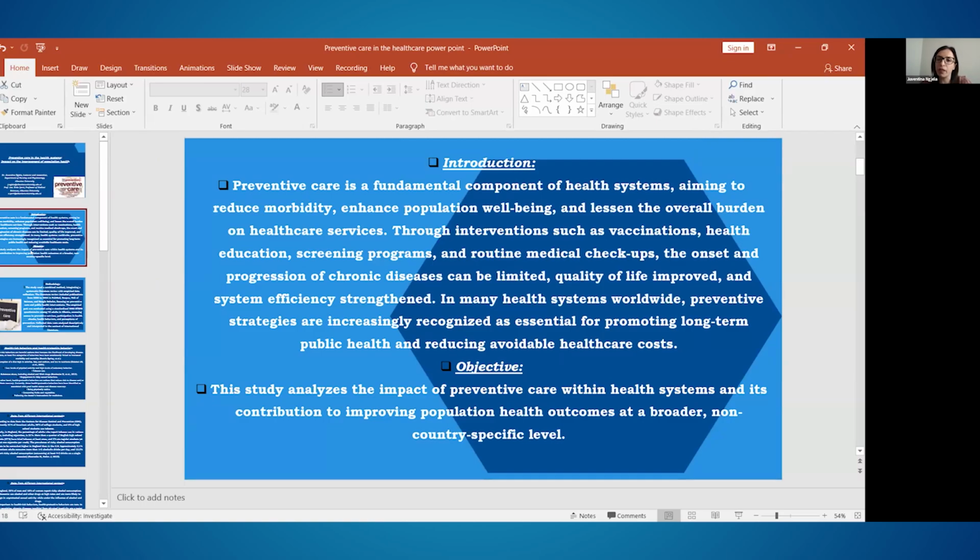Preventive care is a fundamental component of health systems, aiming to reduce morbidity and enhance population well-being and lessen the burden on healthcare services through interventions such as vaccination of the populations, health education, screening programs, and routine medical checkups of the populations.